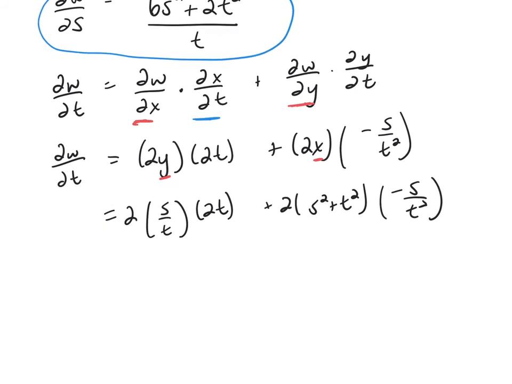So if I simplify, this will be 4s minus 2s cubed minus 2t squared s. And that's all going to be, so plus a negative here. That'll all be over t squared.